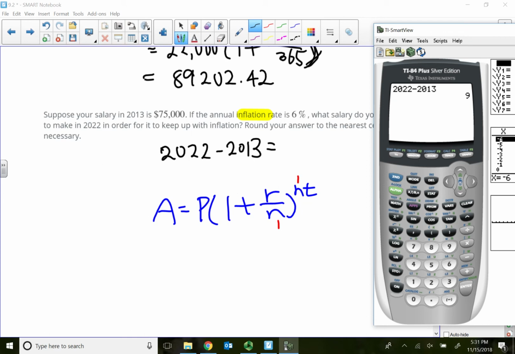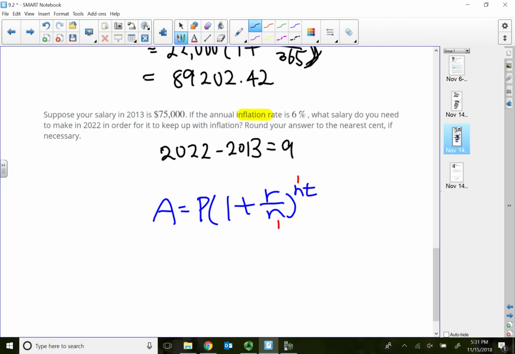This is 9 years later, so the time is 9 years. If I say P is 75,000 today, P also represents present value. Today's value is 75,000 times 1 plus 0.06 divided by 1, raised to the power of 1 times T, which is 9 years later.